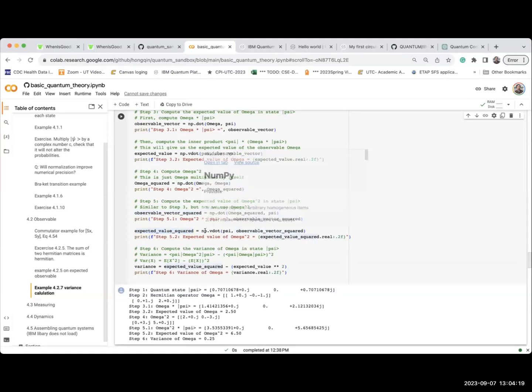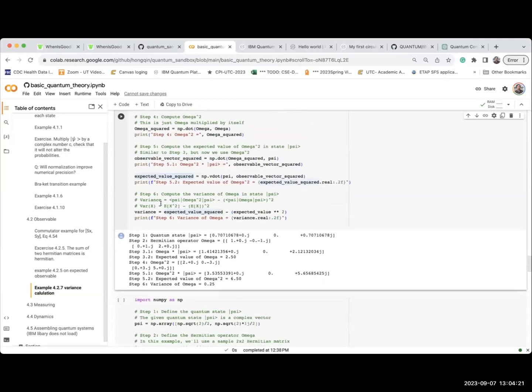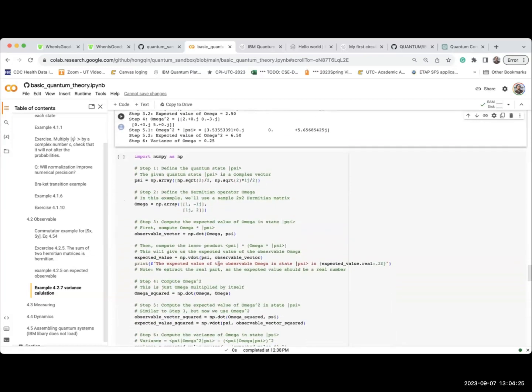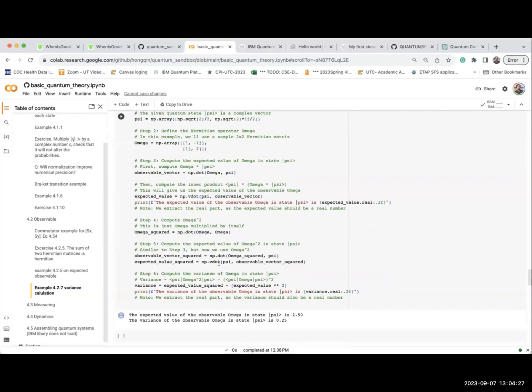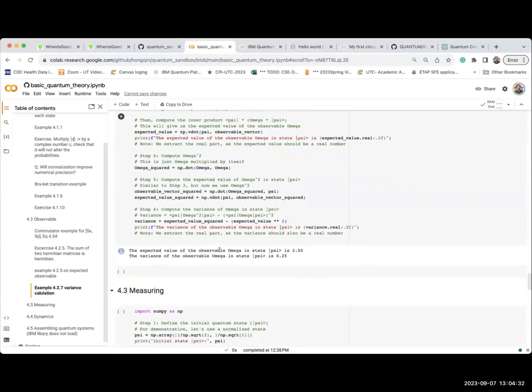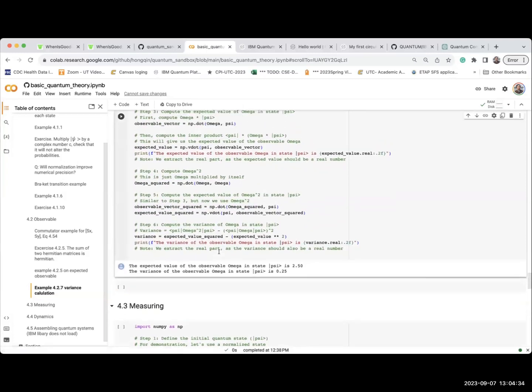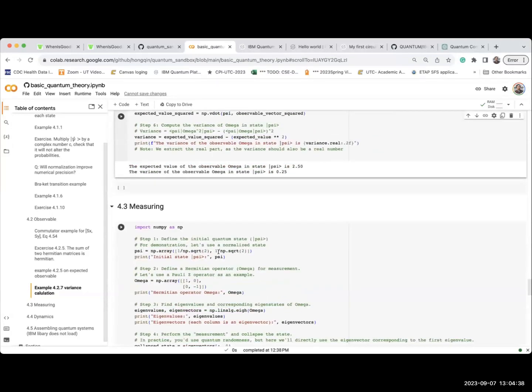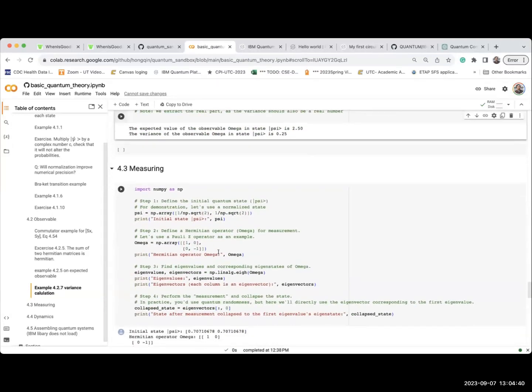So we got 0.25. That's just a different version of it. It's still okay.